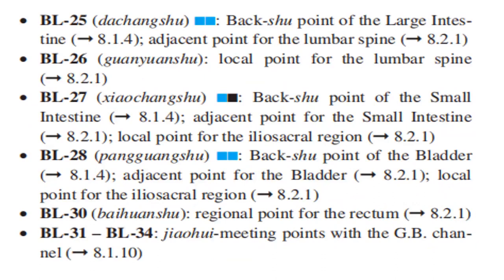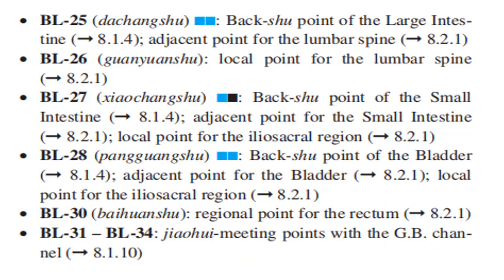Bladder 26 is the local point for the lumbar spine. Bladder 27, Back-Shu point of the small intestine, adjacent point for the small intestine, local point for the iliosacral region. Bladder 28 is the Back-Shu point of the bladder, adjacent point for the bladder, local point for the iliosacral region.